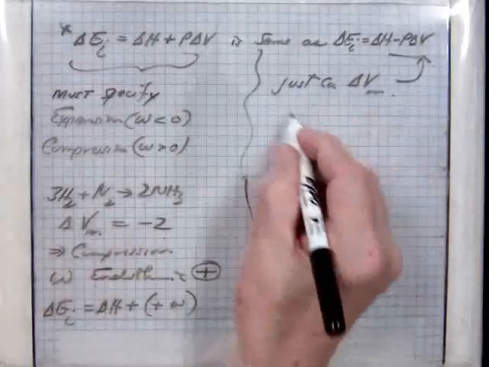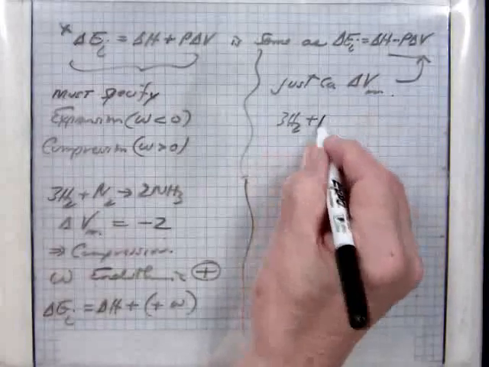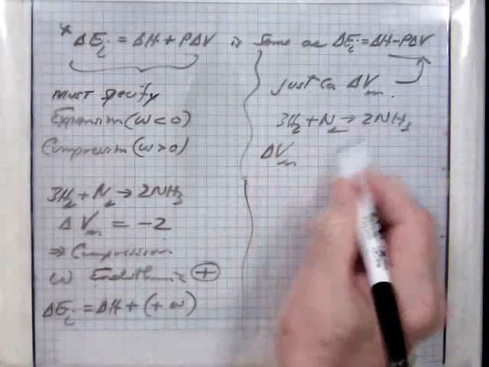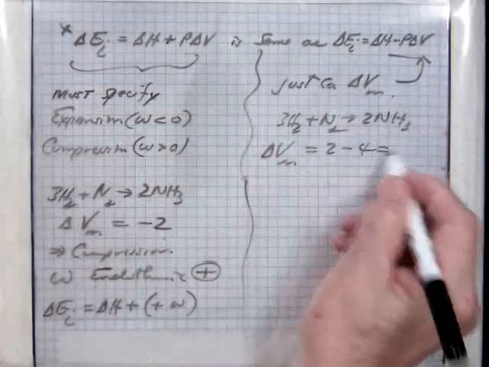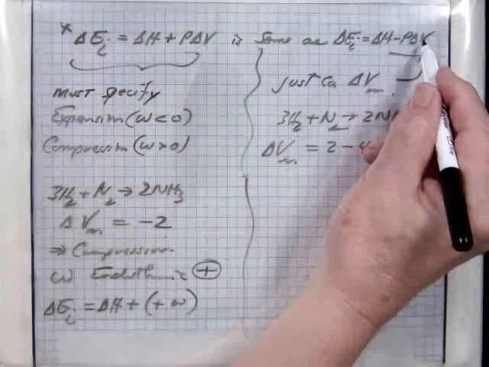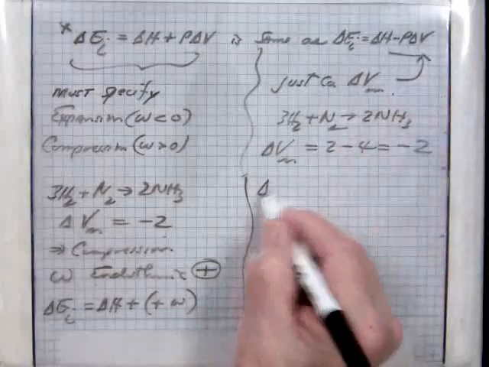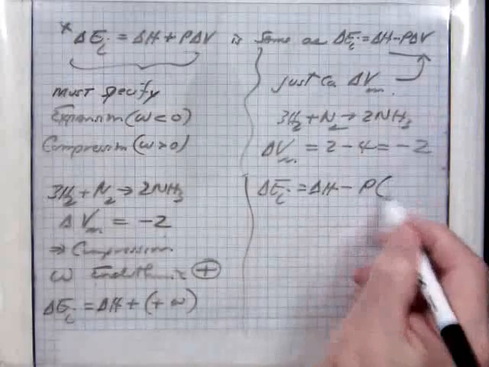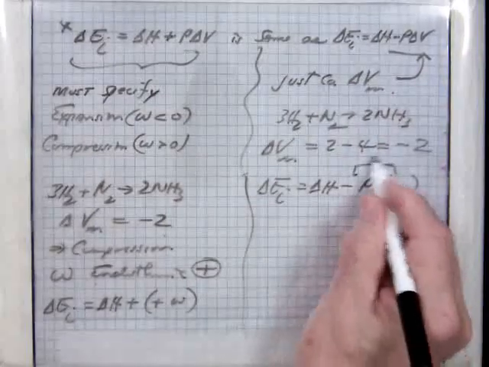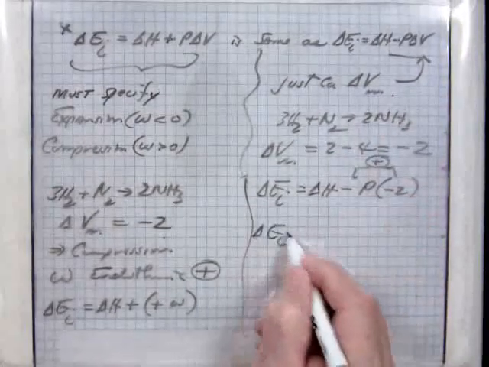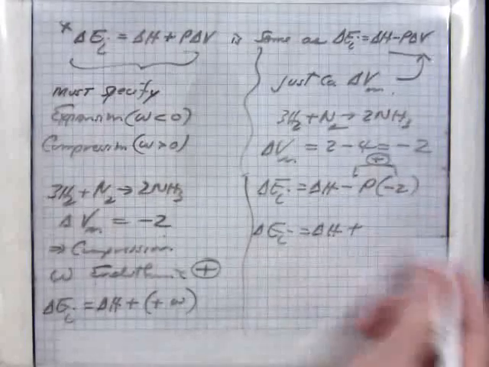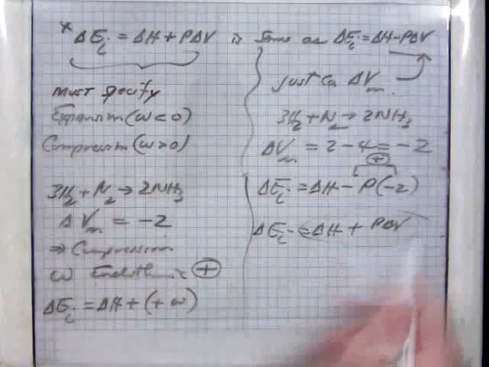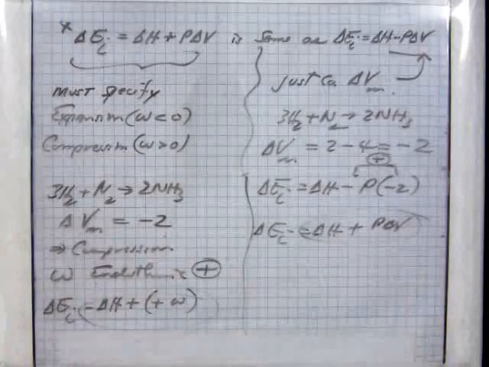For the reaction 3H2 plus N2 goes to 2NH3, your delta Vm is equal to 2 minus 4, negative 2. Plug that into the expression: delta E equals delta H minus P times negative 2. A minus times a minus is a plus, so delta E is equal to delta H plus P delta V, the same expression.